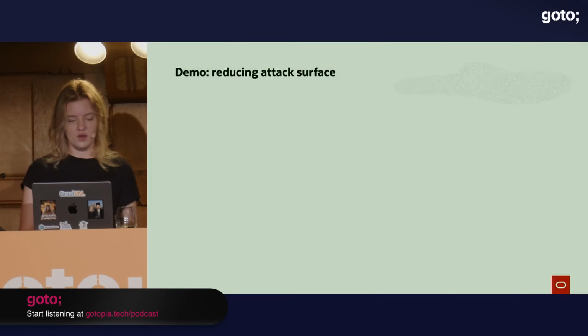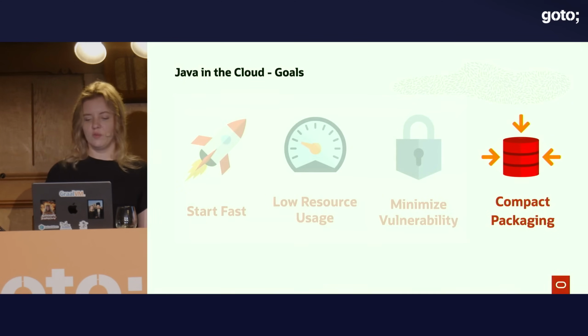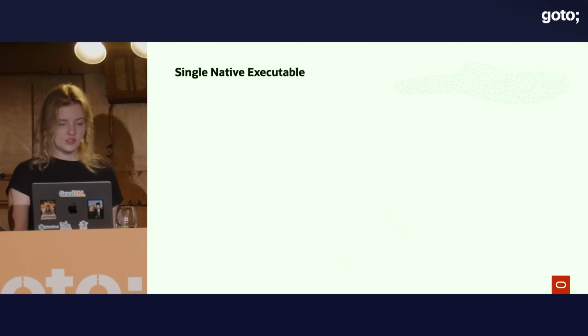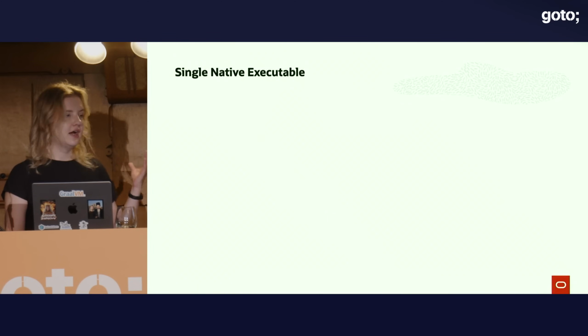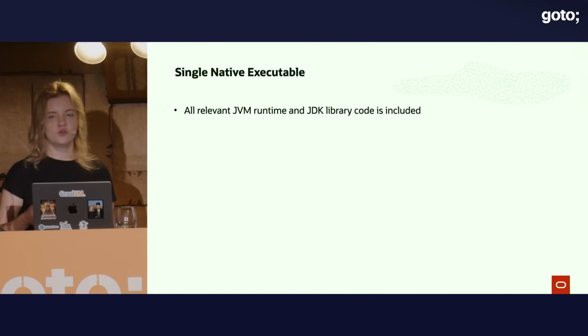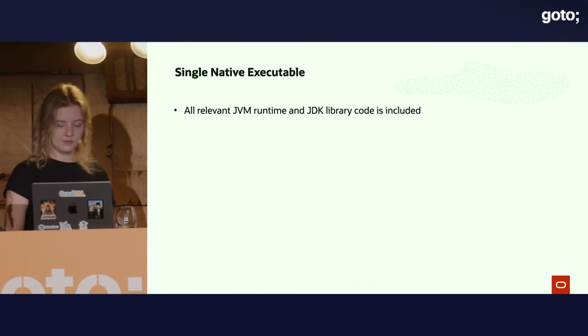Okay, so that was talking about security, and also let's briefly talk about packaging size and how native image can be helpful there. So what you get when you build applications ahead of time with native image is a simple native executable, just one file, and that includes everything that is needed for your application to run. So your application code, your dependencies code, even relevant JVM code.